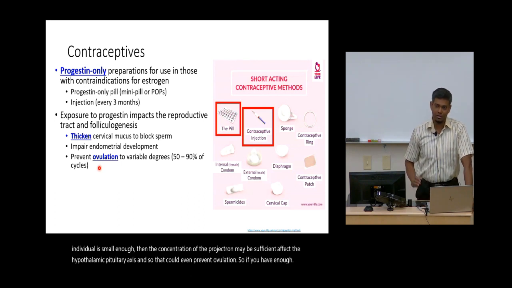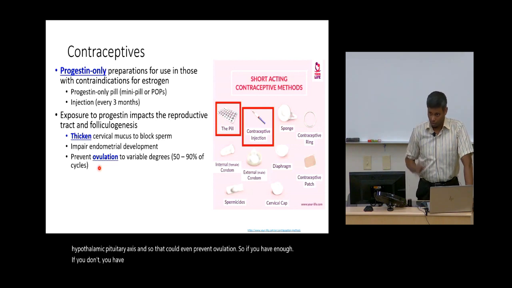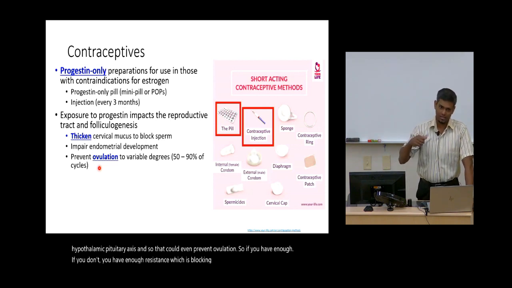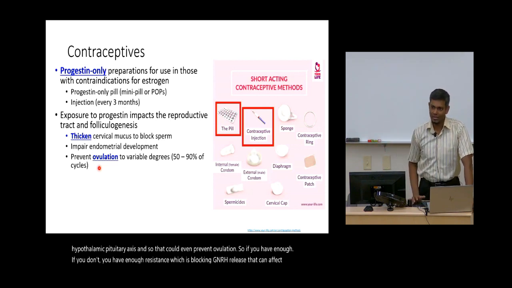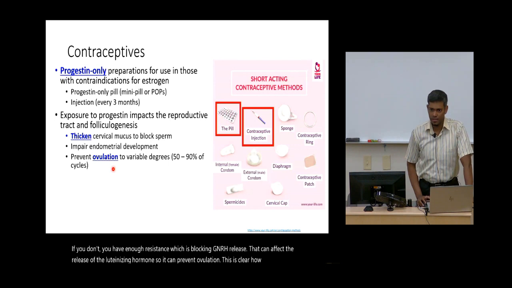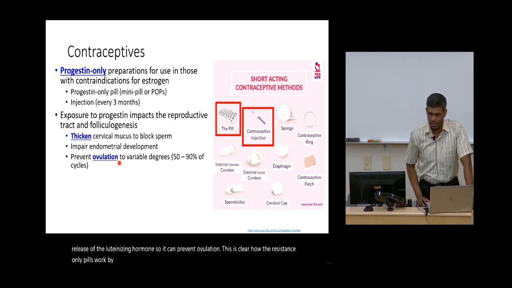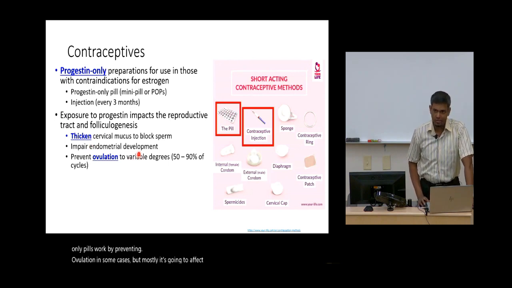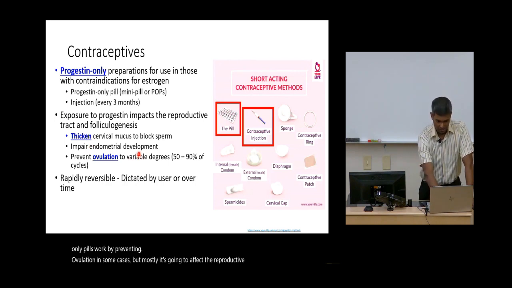If you have enough progesterone which is blocking GnRH release, that can affect the release of the luteinizing hormone, so it can prevent ovulation. Is this clear how the progesterone only pills work by preventing ovulation in some cases, but mostly it's going to affect the reproductive tract.